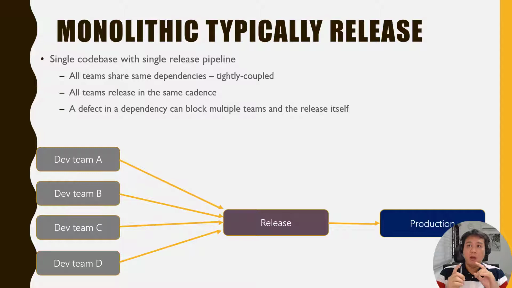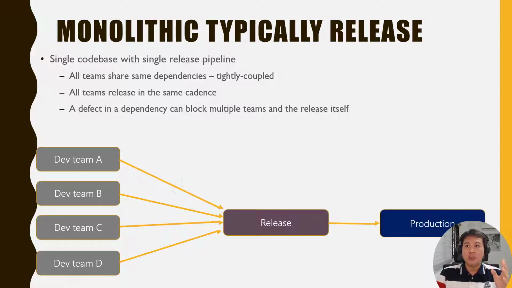Now, before going there, let me show you an illustration of how the typical release of a monolithic application works. In a typical monolithic app, because the deployments share some dependency, a release is highly dependent on all the different teams that are working on different modules.